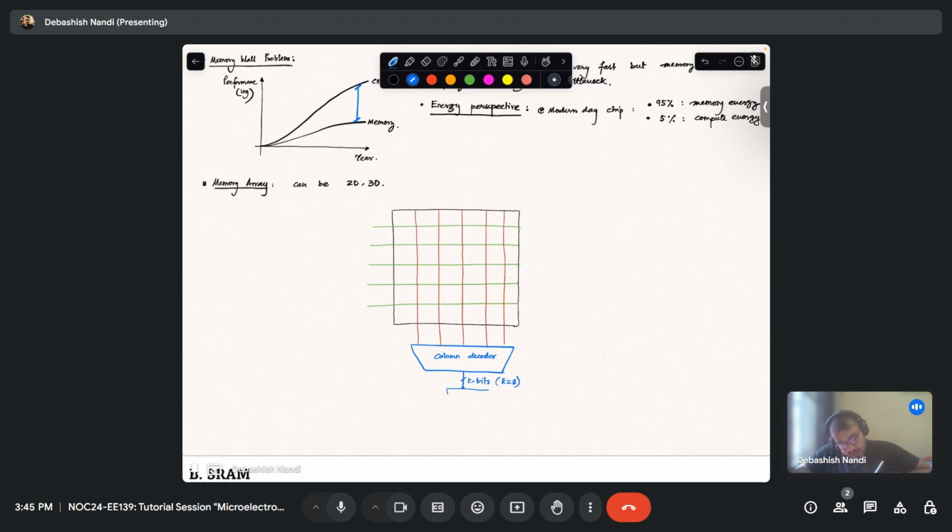Then you have the sense amplifiers and other circuitry.